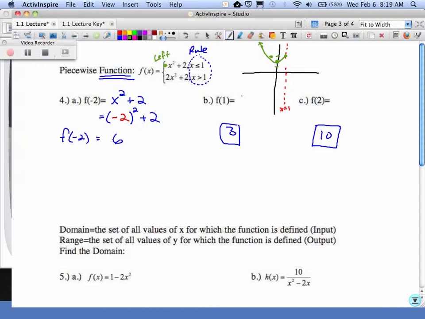Let's do this one in purple. What do you get when you plug in 1 to the bottom equation? 1 squared is 1 times 2 is 2 plus 2 is 4. Am I allowed to use 1 in this bottom equation?